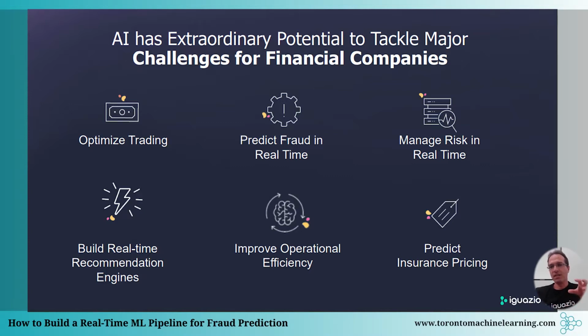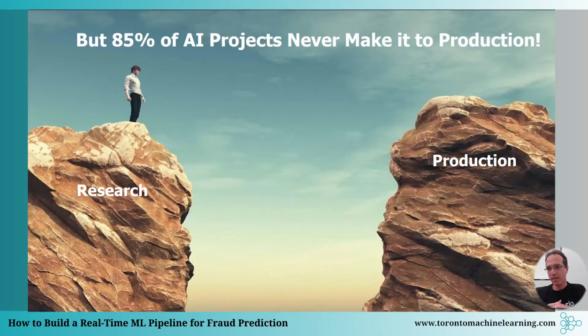So the concepts that we're going to cover today are also relevant for all those use cases. Everything that has to do with building real-time feature engineering is not only relevant for fraud detection, but also for other use cases.